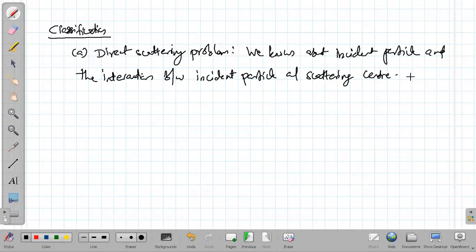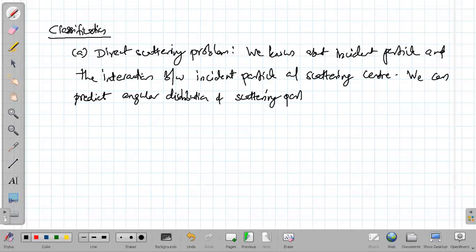From this, we can predict the angular distribution of the scattered particles. If this is the case, then the problem is called the direct scattering problem.